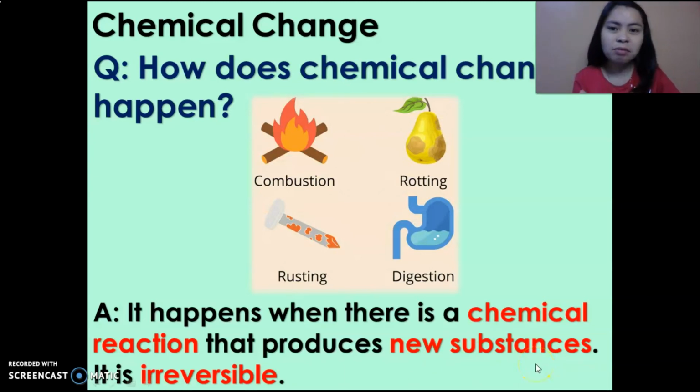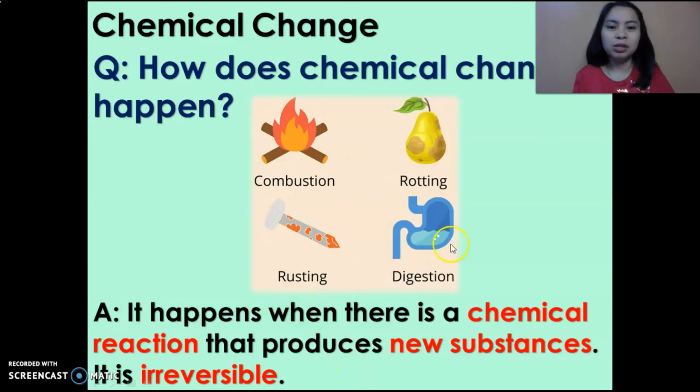Okay, and speaking of new substance, we can say that a chemical change cannot go back to its original form. So we can say that chemical change is irreversible. One more time.